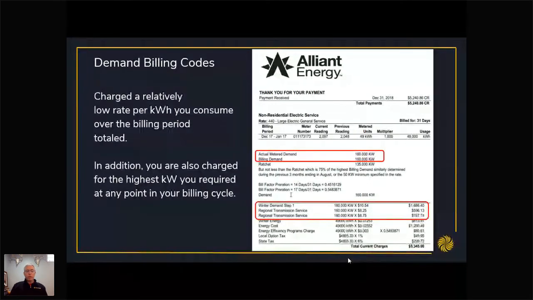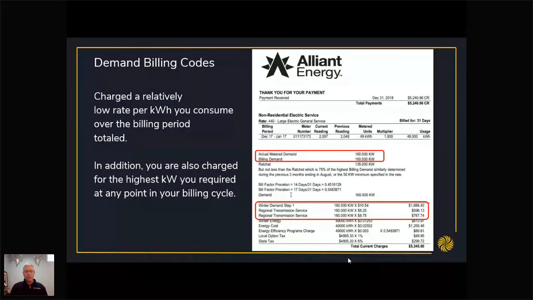Unfortunately, that month you wouldn't be charged 100 kilowatts. You would be charged 750 kilowatts, because that would be 75% of your previous 3 months. So like a ratchet, Alliant will let you go upwards all that you want, but when you try to pull backwards, they don't really let you do that very easily.